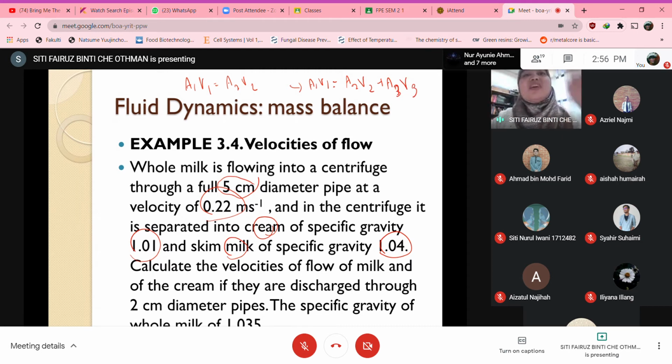Okay, kalau water goes in, water comes out, A1V1 equals to A2V2. Now because you have two, maksudnya dia dah jadi A1V1 equals to A2V2 plus A3V3. Okay, let's say kalau ada 3 things coming out, A1V1 equals to A2V2 plus A3V3 plus A4V4.